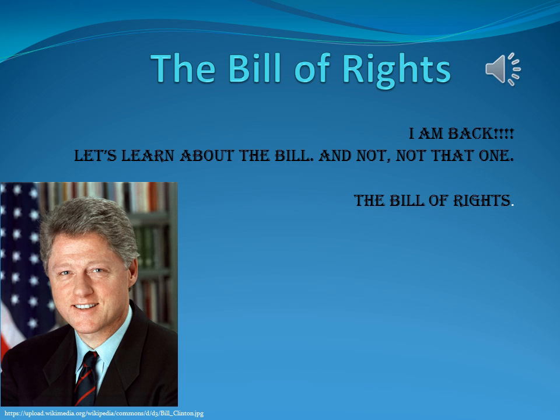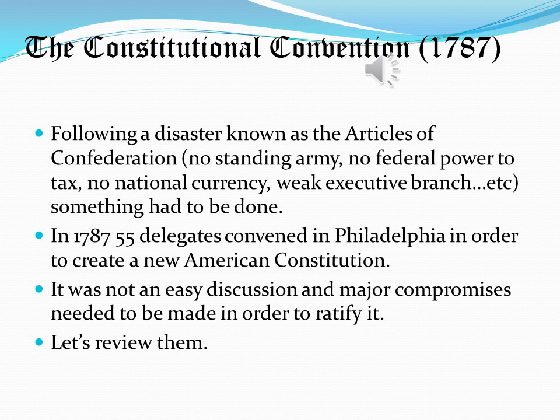So let's do this. Before we get to the Bill of Rights, we got to talk about the Constitutional Convention of 1787. Now, I briefly discussed it in my last review, but let's do it again.